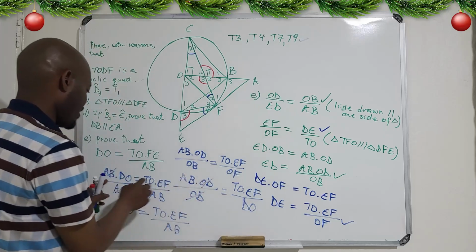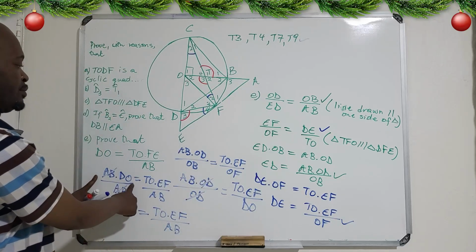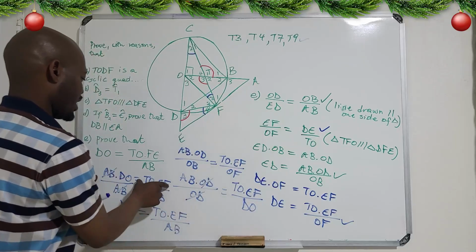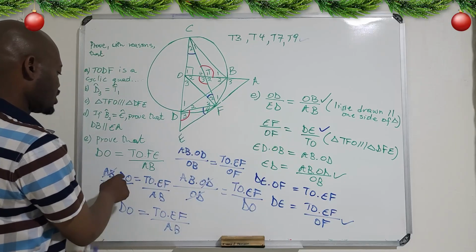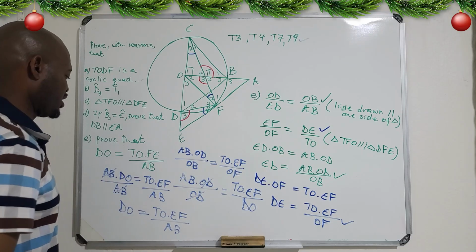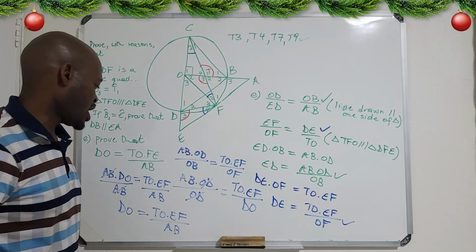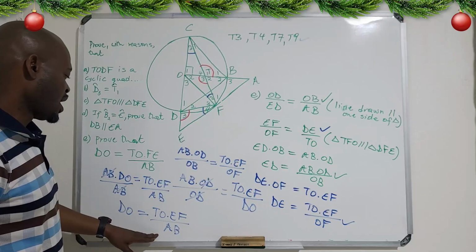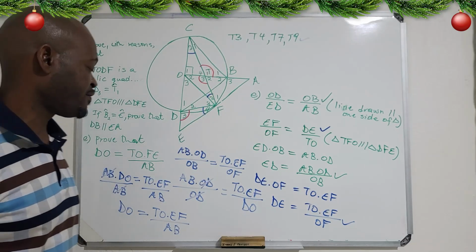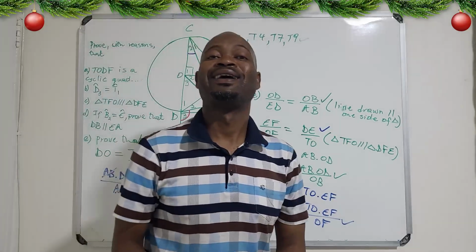This multiplied by this, I get there. Then this multiplied by 1, I get that. Now I want DO, so I divide by AB on both sides. In mathematics, whatever you do on the left, you must do on the right, and get DO to be equal to TO times EF over AB.